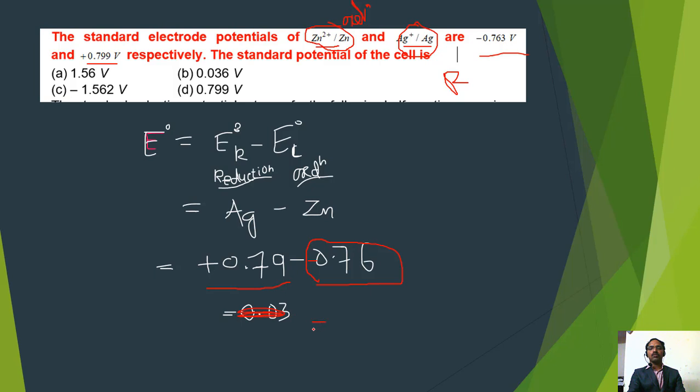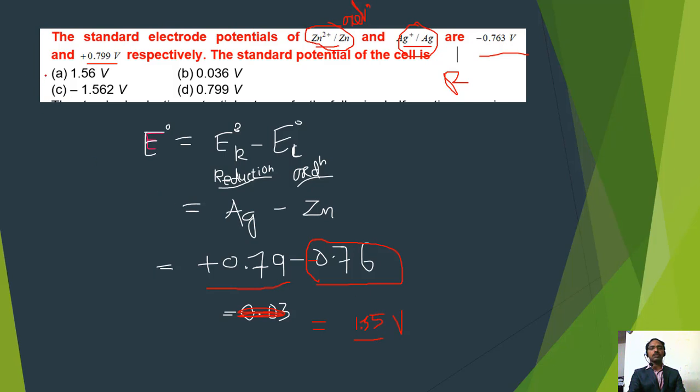The total value is 0.799 plus 0.76, that is 1.55 volt we are getting, 1.55 or 1.56.